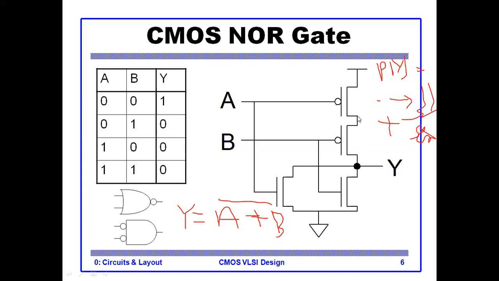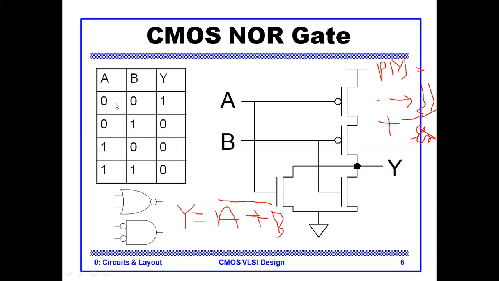And exactly opposite, it is complementary, so in the pull-down network, the NMOS are in parallel, right? That's how we can design by following these rules to implement the CMOS NOR gate. Okay, and you can verify the truth table with that circuit, right?